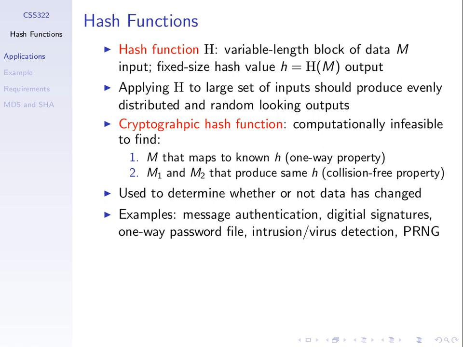So we have a function we can calculate in one direction, but calculating the inverse of that function should be computationally infeasible. We'll see why that property is required when we look at different applications to authentication. It's called the one-way property, a one-way hash function.